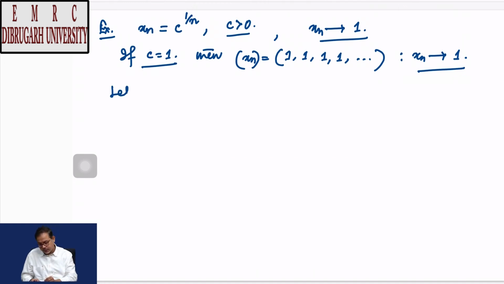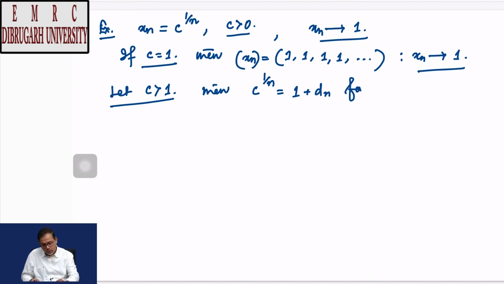Let c be greater than 1. Then c to the power 1 by n is equal to 1 plus dn for some dn greater than 0.